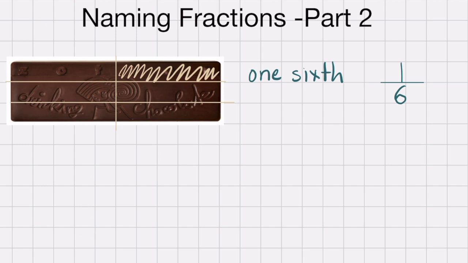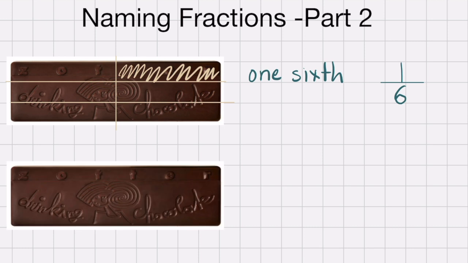As we saw in the last video, this number on the bottom of our fraction, the number 6, tells us how many equal parts the whole got cut into. So in this case, we had a whole that was cut into 6 equal pieces, so we put a 6 on the bottom. The number on the top, this 1, tells us how many parts we've got coloured, and we've got 1 part coloured in. So we've got 1/6 written in words, and in fraction notation, 1/6.